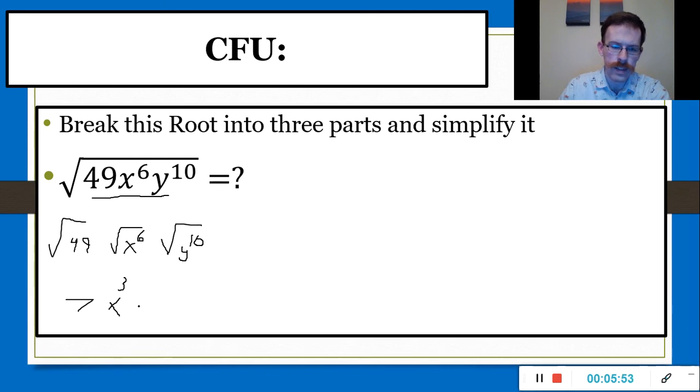And square root of y to the 10th is y to the 5th. You might say, oh, you're just dividing in half. Well, we're dividing the exponential power, not dividing the y itself. 49 divided by 2 is definitely not 7, but the square root of 49 is 7. So this is our answer.